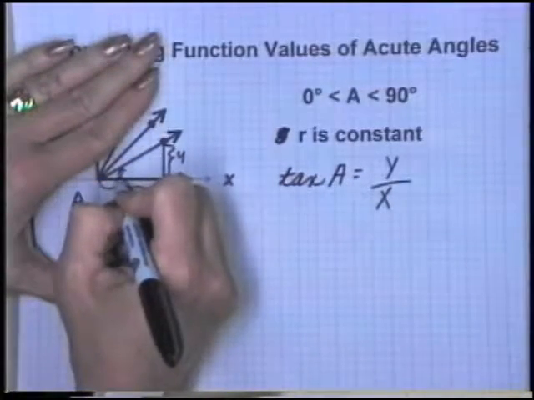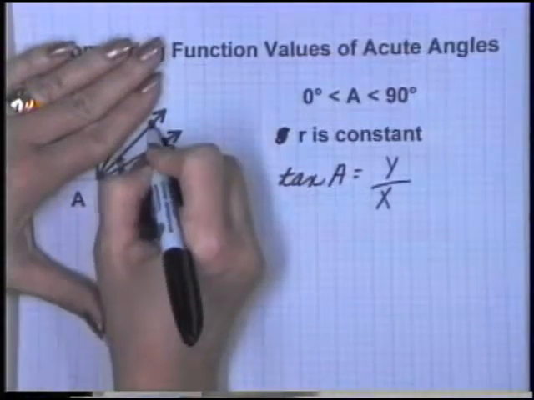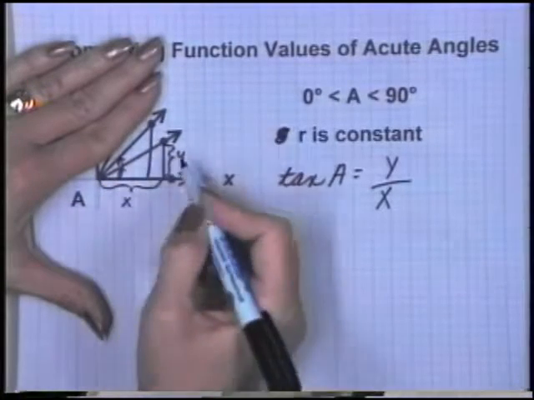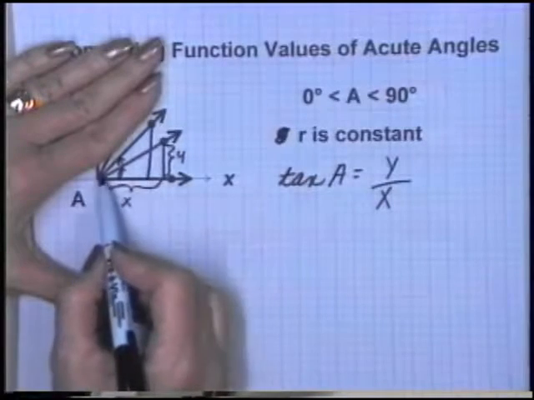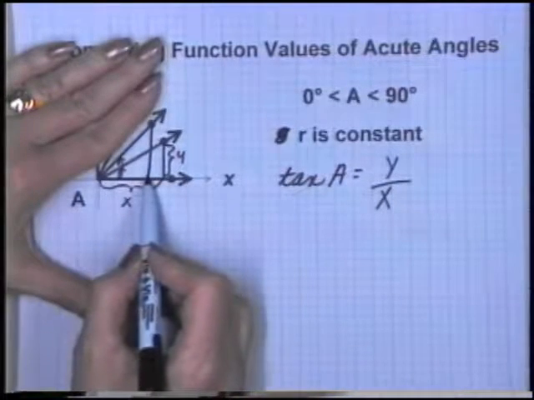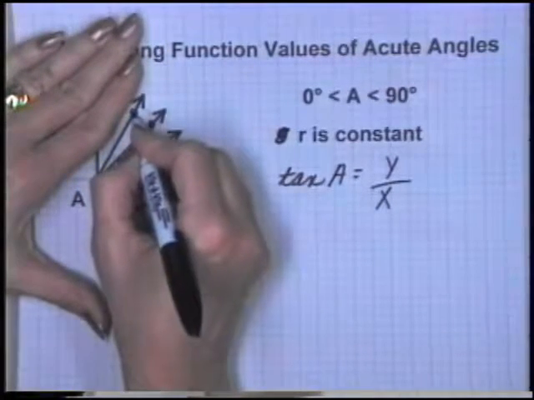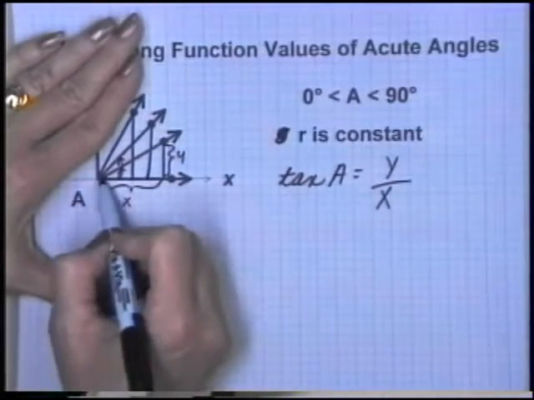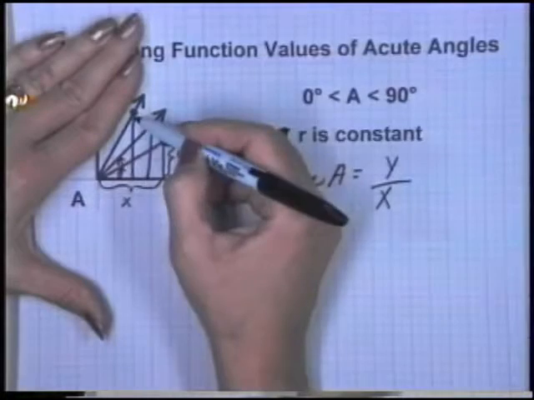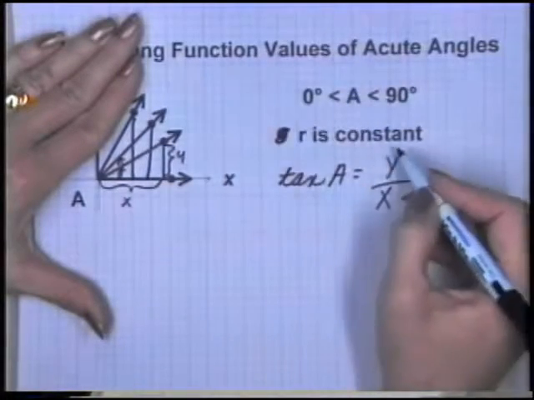There's my y. And then I'll increase angle A. And what happened? My y got larger, my x got smaller, and as I increase angle A more, my x got smaller, my y got larger.